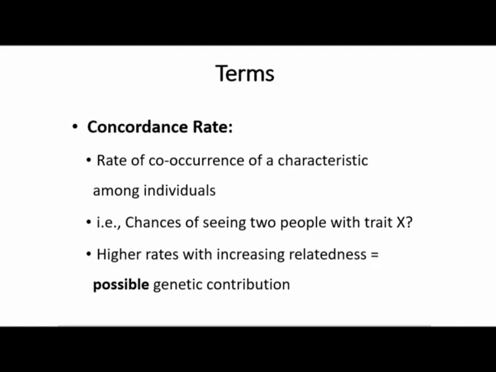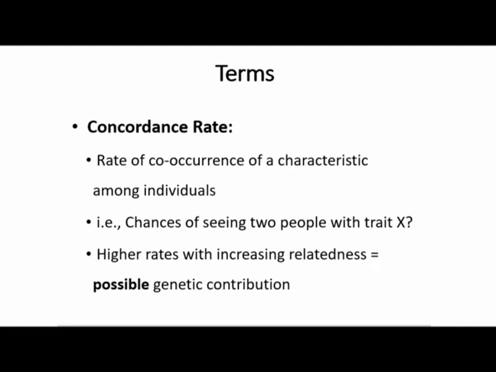So you and your siblings share genetic material, but you also share a physical environment. So if you have this high concordance rate with things that your siblings have, is it because you're genetically related, or is it because you're sharing the same environment?